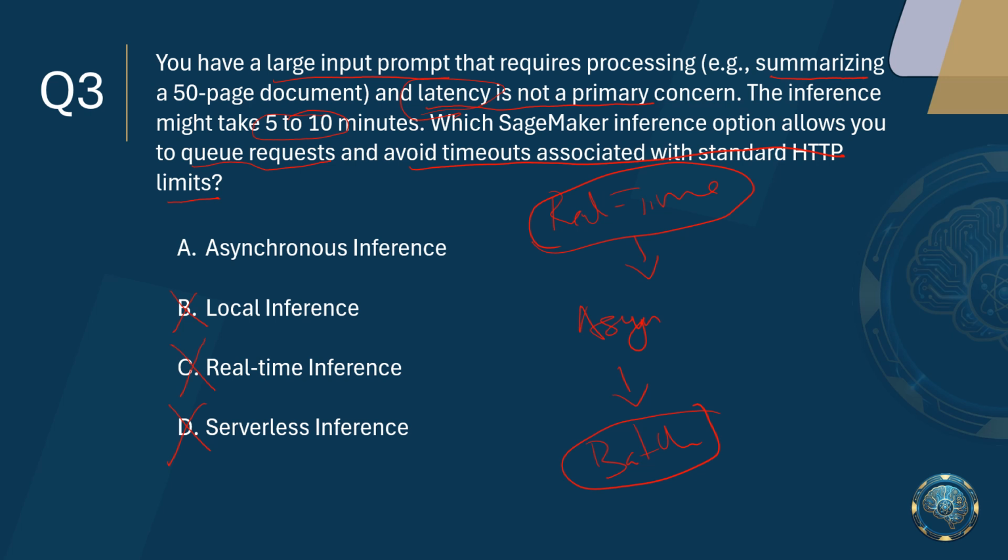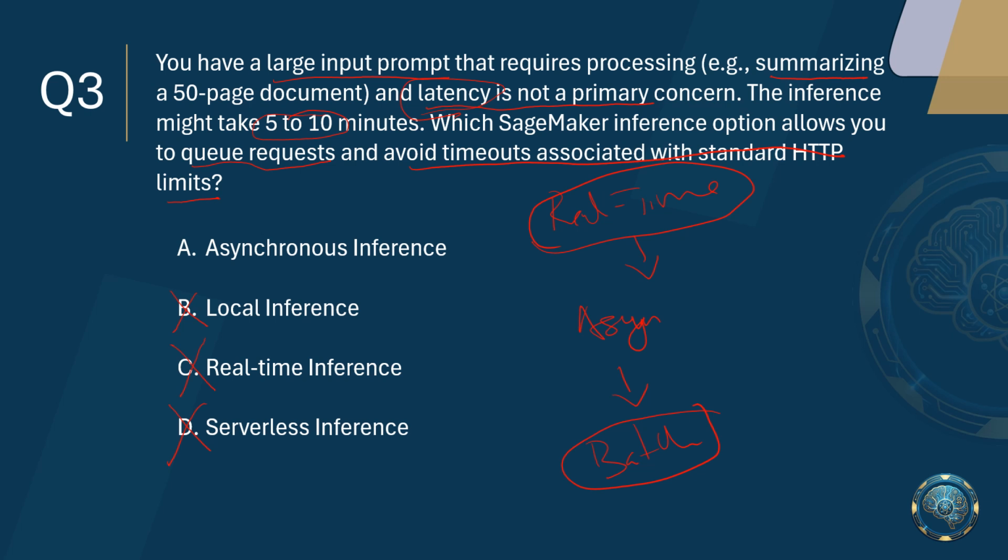Now, async is something related to video generation. You have a good amount of prompt and you want, say, 5 minutes of video. It takes 1 or 2 minutes, even 5 to 10 minutes, to generate a 5-minute video, right?